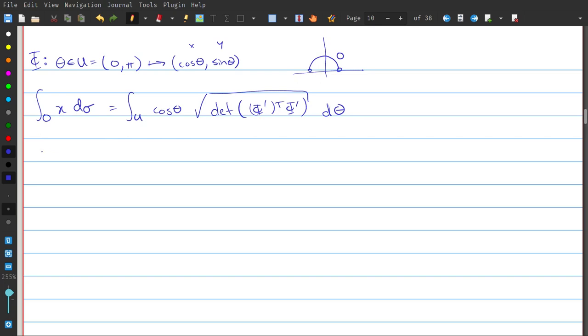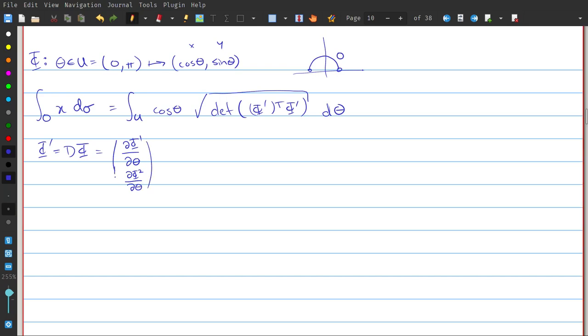So again, we need the derivative. The prime is just a different notation for the derivative of phi. This is its matrix derivative. The first component of phi with respect to theta, and the second component of phi with respect to theta.